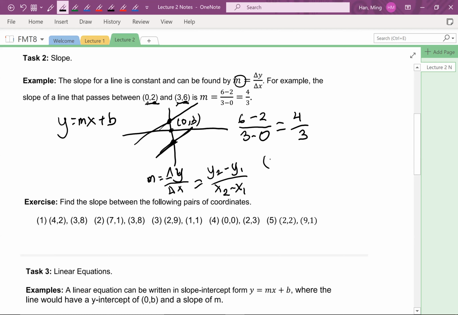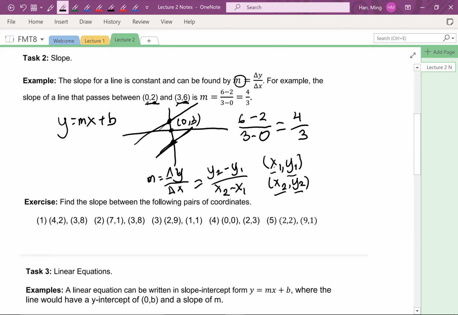So if we have the points x1, y1, and x2, y2, the slope would be y2 minus y1 over x2 minus x1. And it doesn't matter, it can also be y1 minus y2 over x1 minus x2.